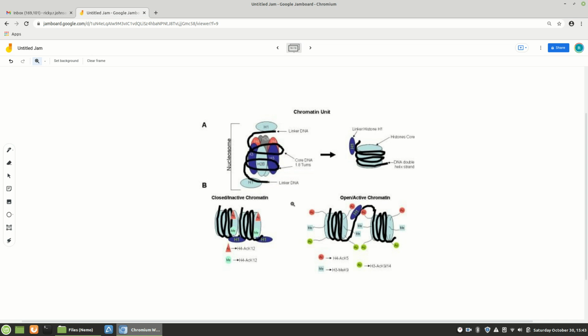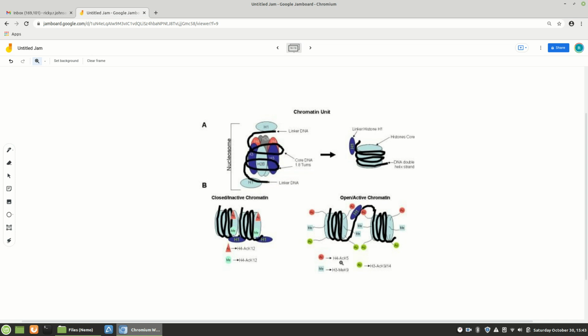And you can notice how that can either link it here or kind of close it off or not. And you see how it's unattached here, and it's more likely to be open chromatin or active chromatin when it's in this form.